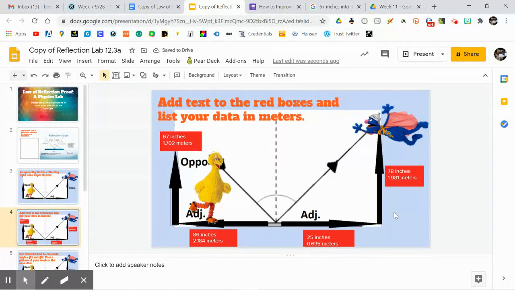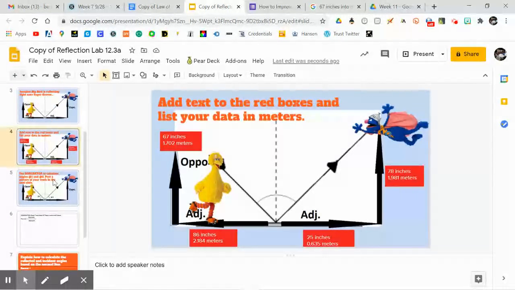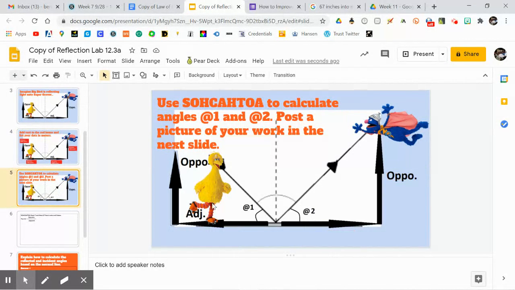So there you go. That wasn't that bad. Now I'm going to use this data in meters to calculate the angle at which this light is being reflected.